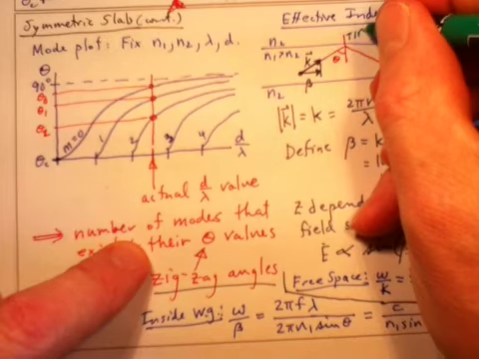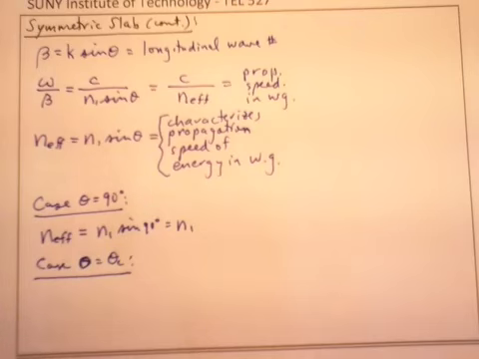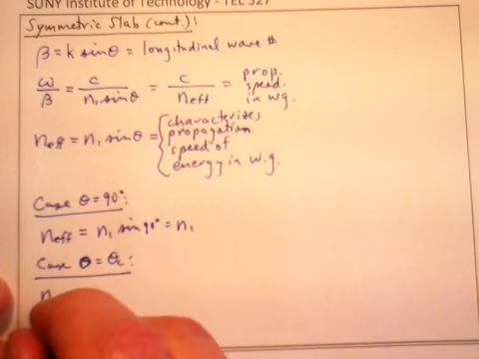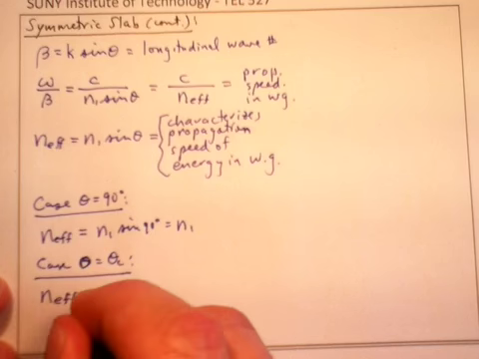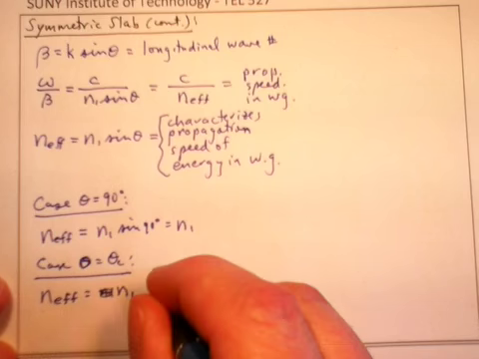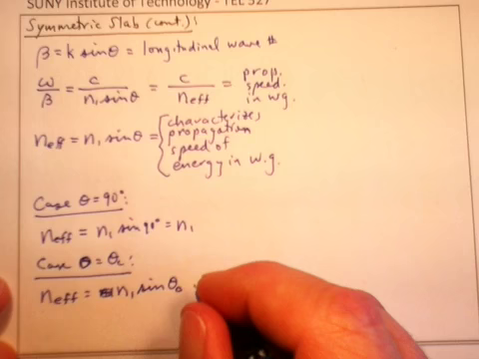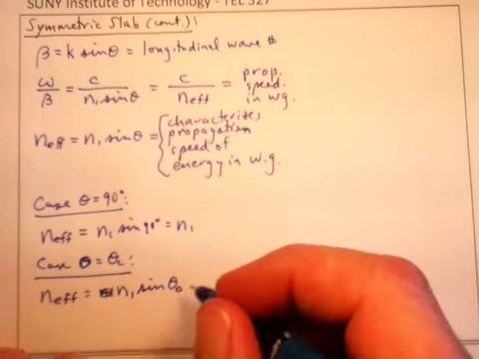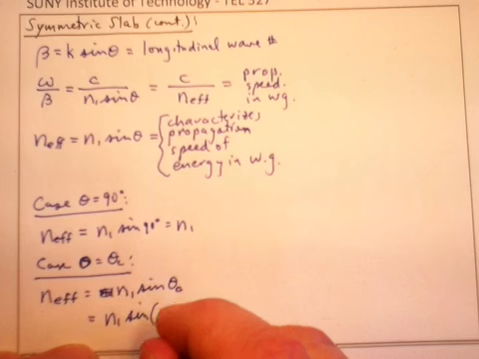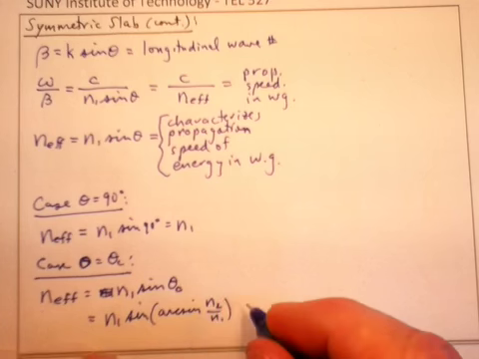And so the other extreme is the critical angle, and in this case, the n effective is n1 sine of the critical angle. But the critical angle is the arc sine of n2 over n1. So this is easy because this just reduces to n2.